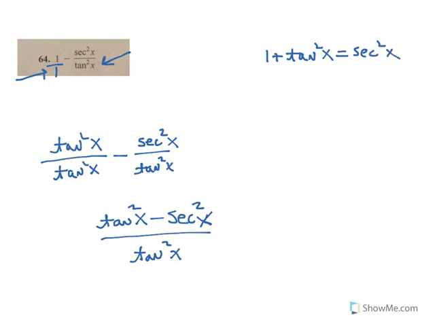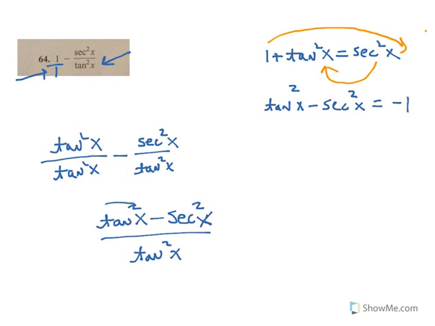They have tangent squared minus secant squared, so if you brought your secant squared to the left side and then brought your 1 to the right side, then if you rewrote this original Pythagorean identity, it's going to be tangent of x squared minus secant of x squared equals negative 1. So the numerator right here is essentially just a value of negative 1.